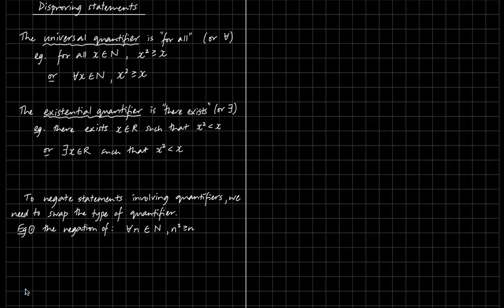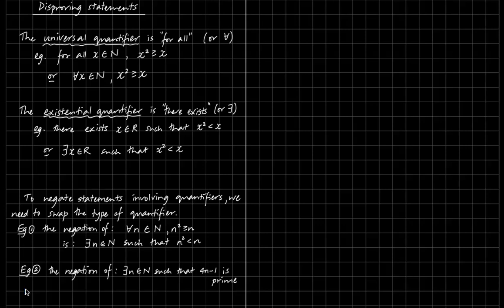It's just for at least one case. So the negation of that is there exists a natural number n such that n squared is not greater than or equal to n. n squared is less than n. So notice if we're negating a for all statement, we just need to find one example of where it's not true.